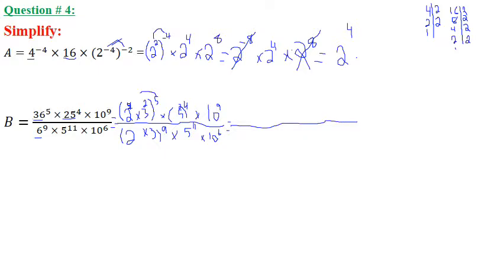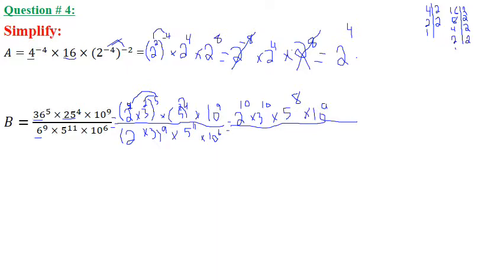This here we have a power of power, and here we have a power of power, so it is 2 to the power 2 times 5, which is 10. Also in the second one we have a power of power, so it is 3 to the power 2 times 5, which is 10. Also here we have a power of power, 2 times 4 is 8, so it is 5 to the power 8 times 10 to the exponent 9.